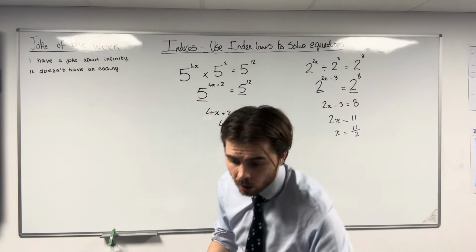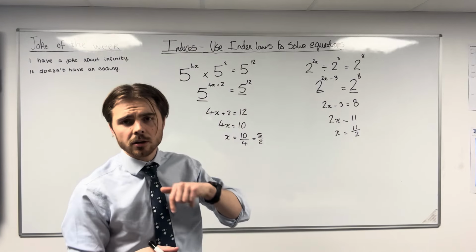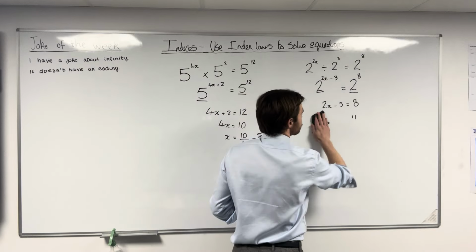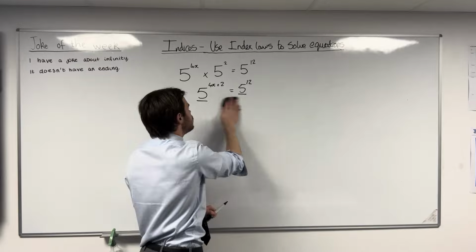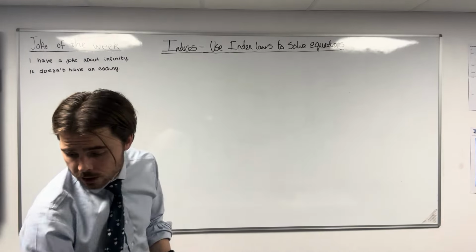We're going to look at some more questions now, and using the skills from the previous video where we have to change the bases. So these ones were nice because we didn't have to change anything. However, they do get a bit tastier, some of these questions, and you're going to see why in a second.